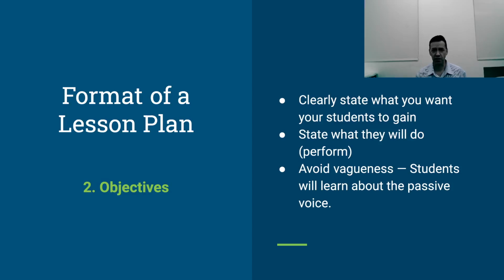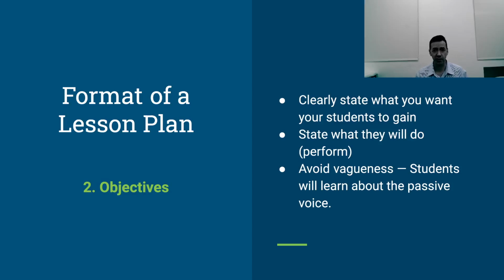Okay, so for this particular lesson or this particular unit, what are the objectives that you want? So clearly state what you want your students to gain and state what they will do. That means what they will perform. It has to be something you can measure. Avoid vagueness. For example, don't say things like, students will learn about the passive voice. Because how will you evaluate whether they learned or not?